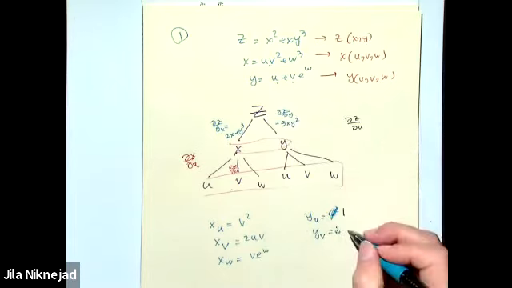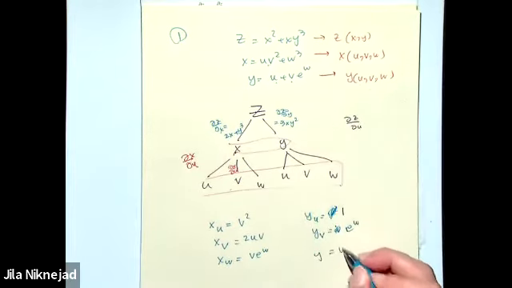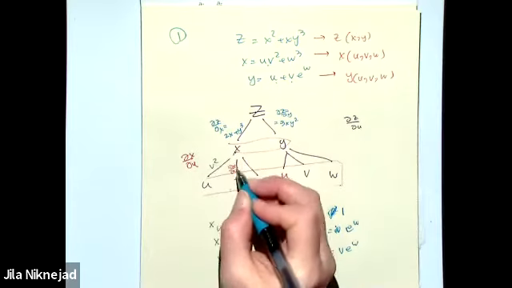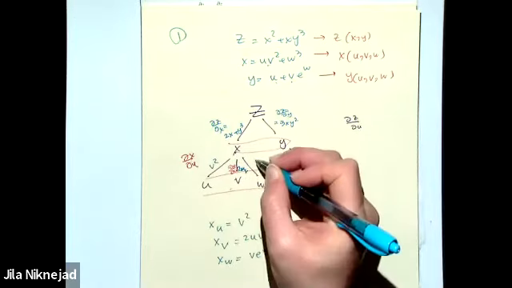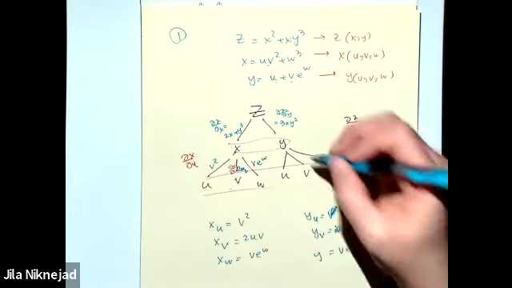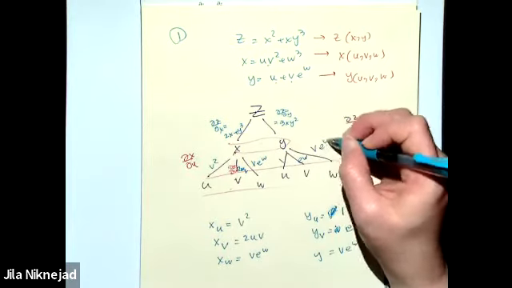Y with respect to v is e to the power w. Y with respect to w is v e to the power w. I can put those right here. So it's v squared. This one is 2uv. And that one is v e to the power w. This is 1, e to the power w, v e to the power w.